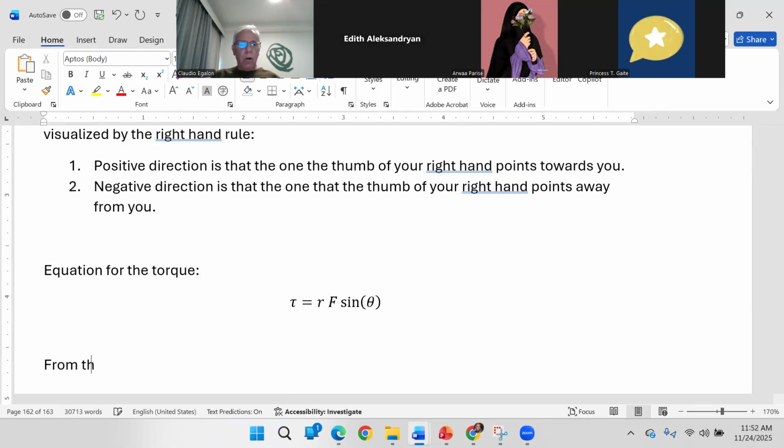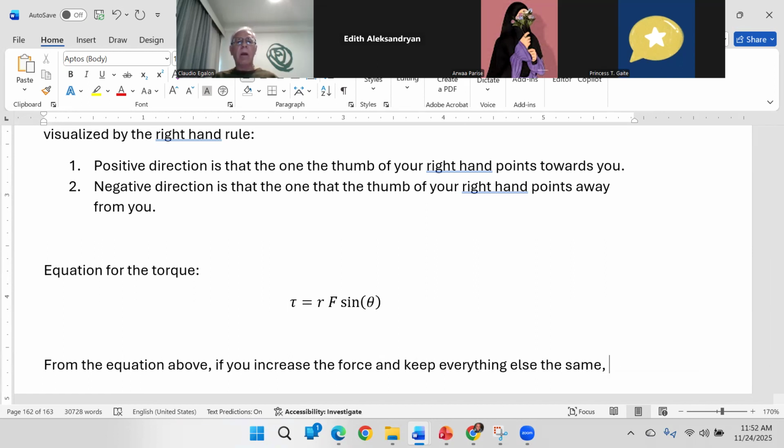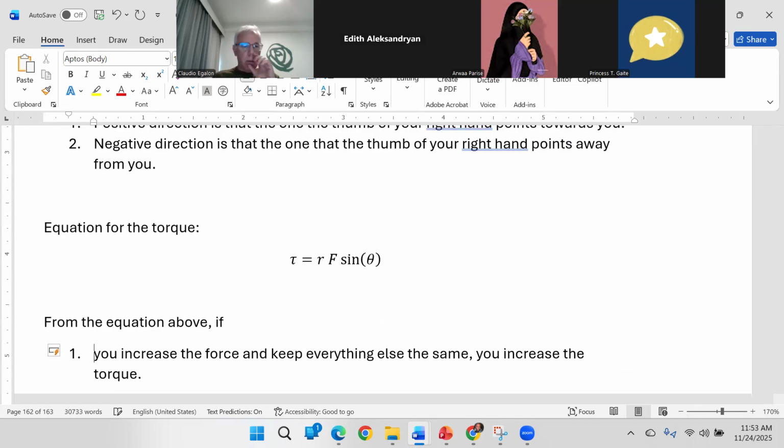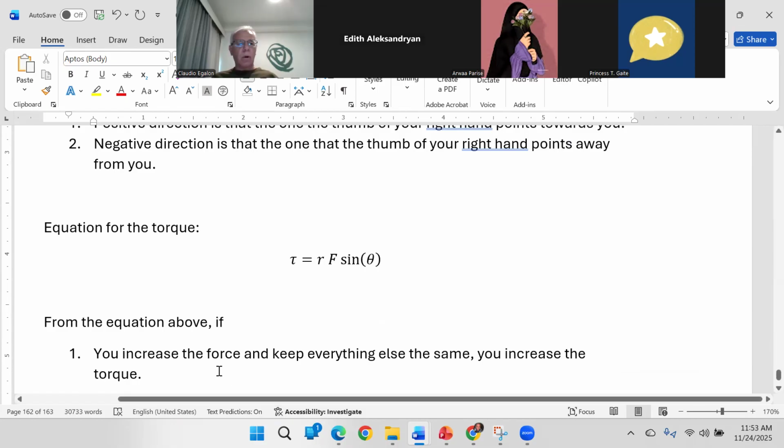So from the equation above, one, if you increase the force and keep everything else the same, you increase the torque.